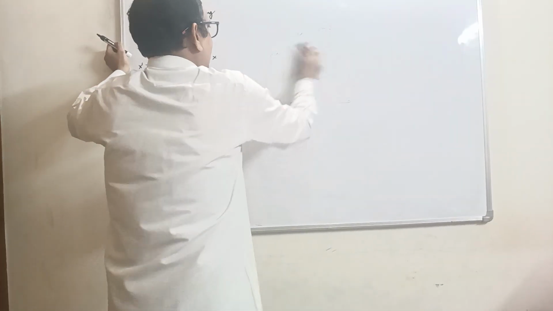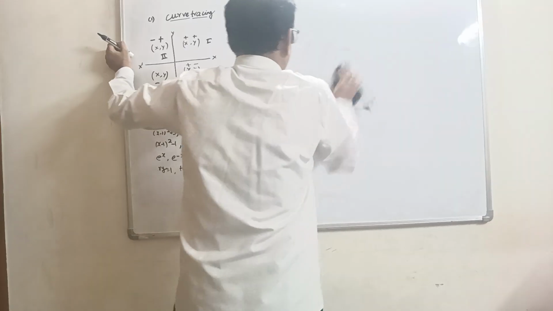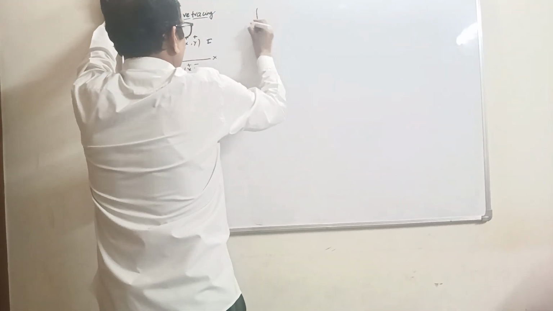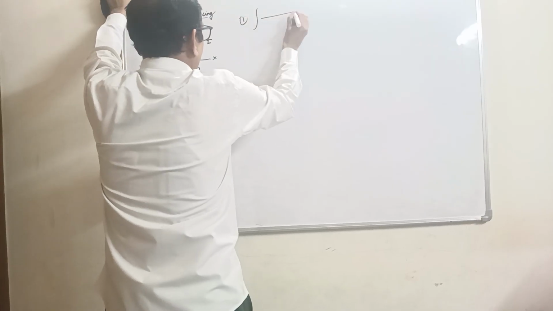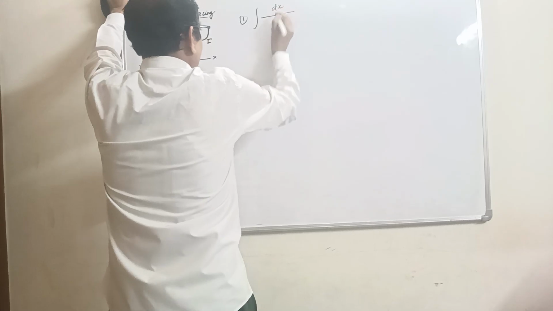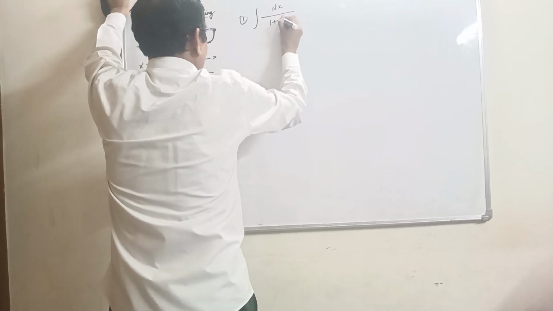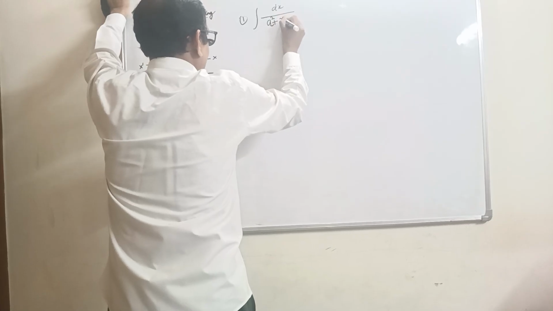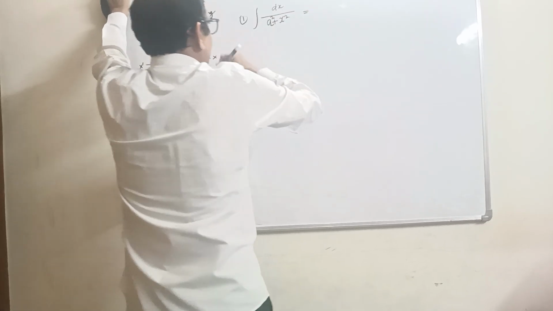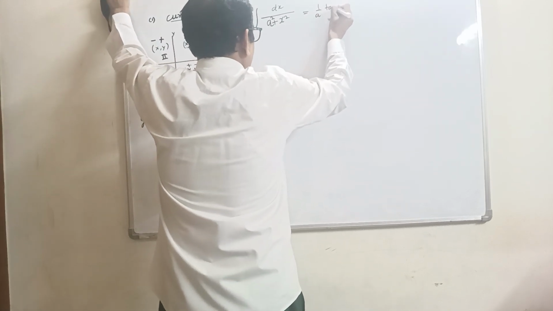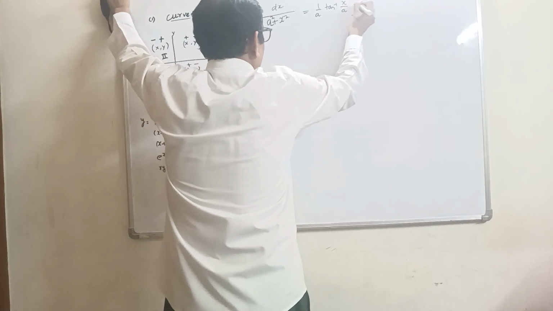So these formulas are, integration. We have to find the integration of dx upon a square plus x square. So integration of this becomes 1 upon a tan inverse x upon a plus c.